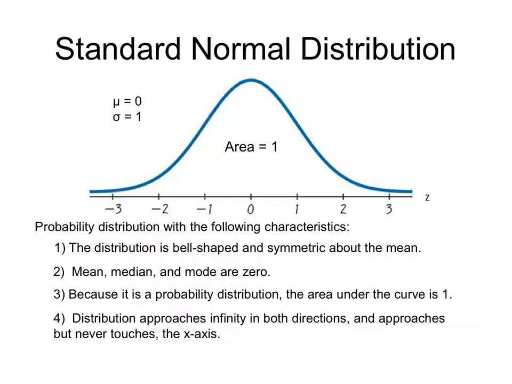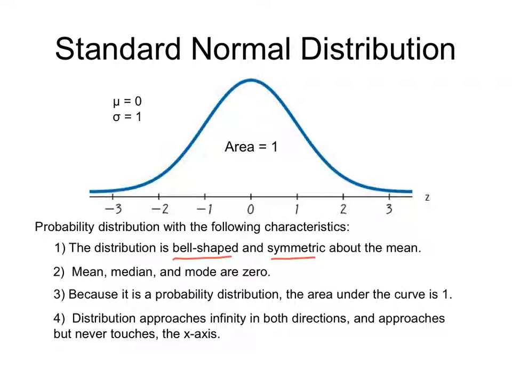The standard normal distribution is what we are talking about when we refer to a bell-shaped curve. I know you've heard that term before, bell-shaped curve. That's what we're talking about when we talk about a normal distribution. So, bell-shaped, and it's symmetric about the mean.